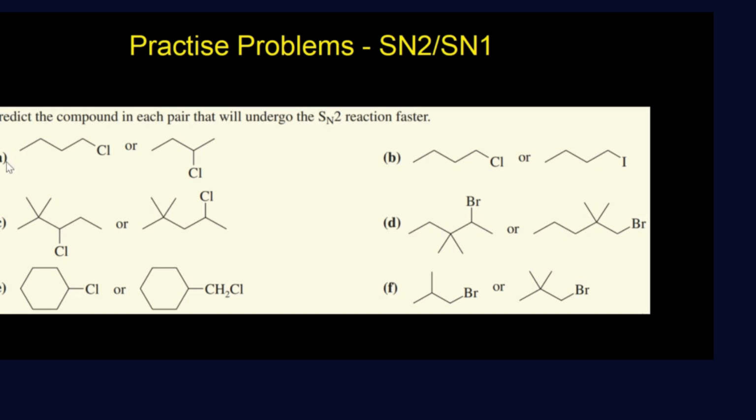Here the question is: predict the compound in each pair that will undergo the SN2 reaction faster. If you see A, there are two alkyl halides: this is the primary alkyl halide and this is the secondary alkyl halide. As we know, we discussed the factors affecting the rate of SN2 reaction.